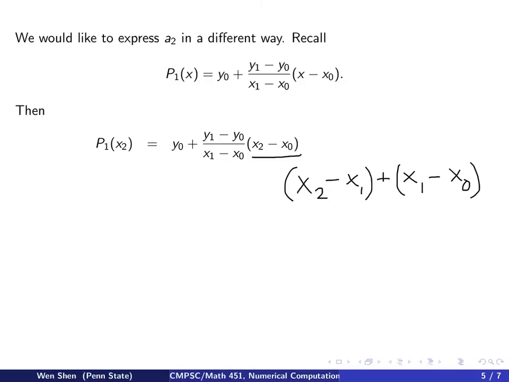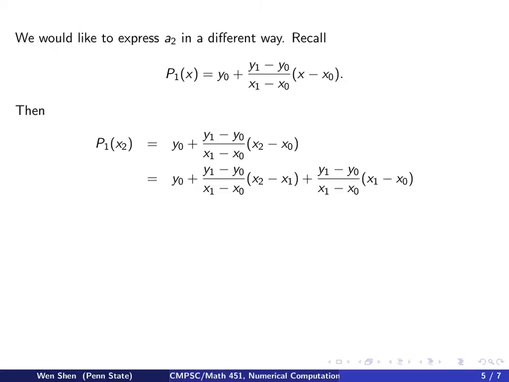The advantage of doing this is that after the distribution of multiplication, this term here will cancel that term. So let's see what happens after we distribute this factor into this term and into that term. Now we see this one times that is left here, and then this one times this, and we see that they are the same, x1 minus x0, x1 minus x0, so they can actually cancel each other.